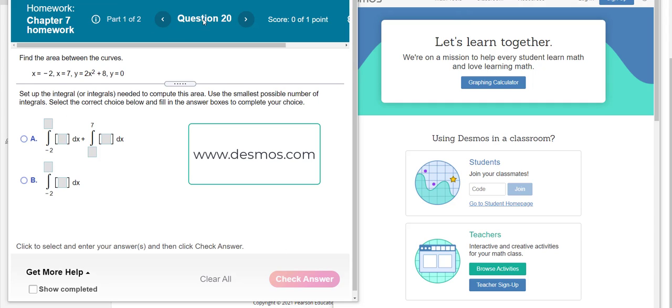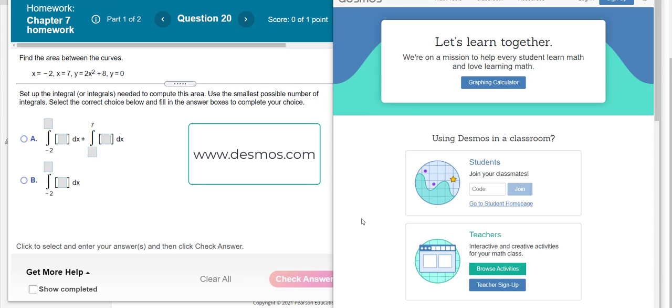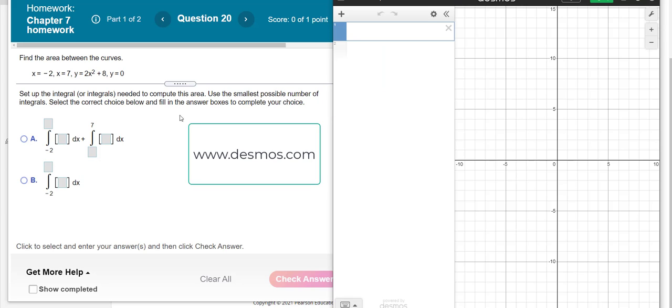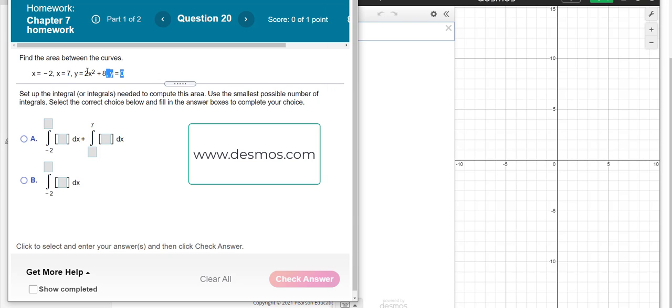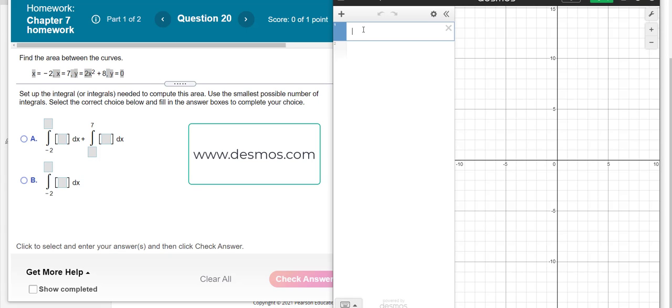So let me show you what I'm talking about. This is question 20 on chapter 7 homework. I'm at a site called Desmos.com. It has the most visually appealing graphing calculator, and it's also absolutely free. So I think it's a great place to go. Once I open up the graphing calculator, I type in all of the information that they gave me, just like I see it.